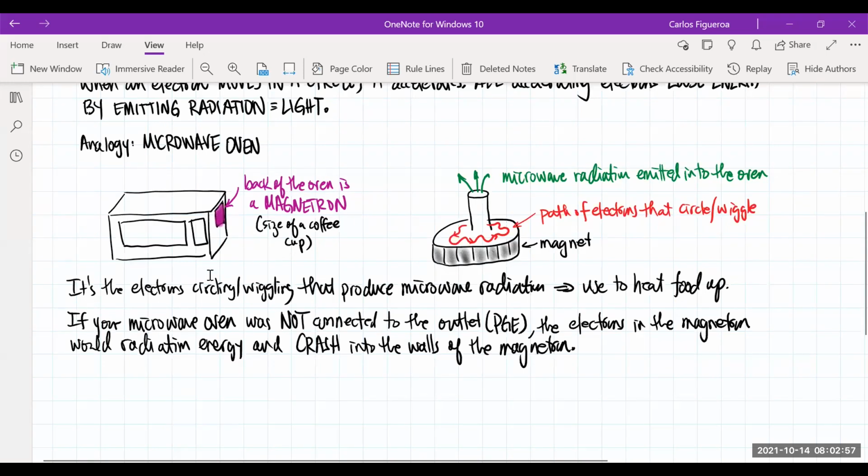If the electrons in the microwave were not connected to the outlet, that is the power plant behind PG&E, the electrons in the magnetron would lose energy, and as a consequence, they would crash into the walls of the magnetron.